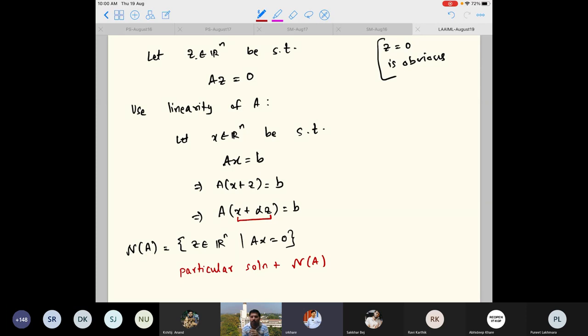For a linear constant coefficient differential equation, what did you do? You found the homogeneous equation, found all the solutions of the homogeneous equation, and then you found a particular solution, added them together, and you get the entire solution space, right? Why? Because the solution space of a constant coefficient homogeneous second order, third order differential equation actually is a subspace. It actually is a vector space in itself. So that's why the same logic, same concept applies there also, right? So this is the idea, a very interesting idea.